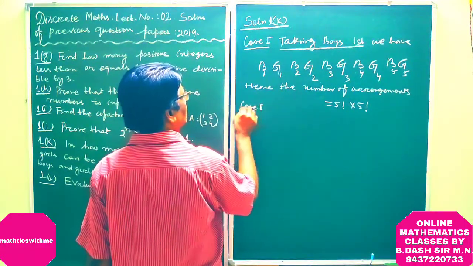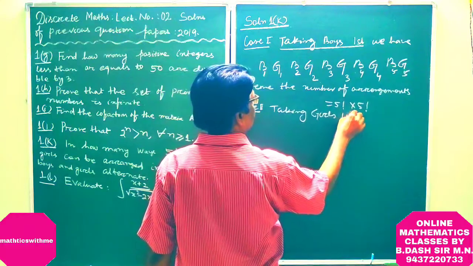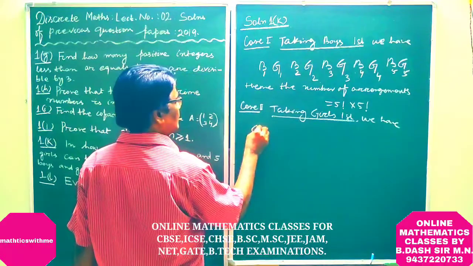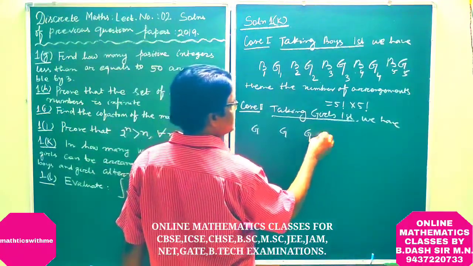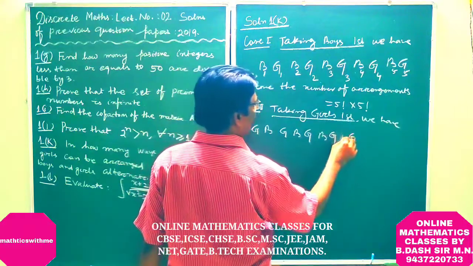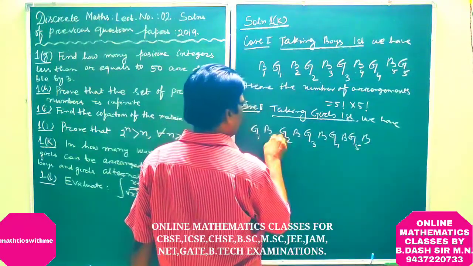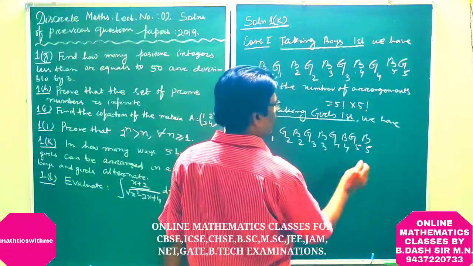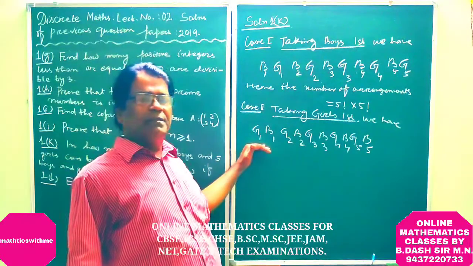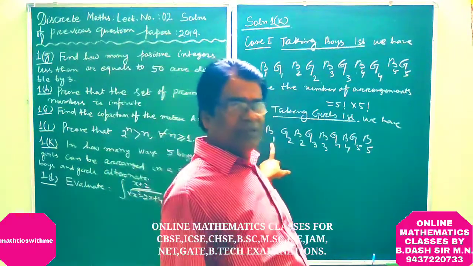Case 2, taking girls first, we have G, G, G, G, G, then B, B, B, B, B. Again here 5 girls can be arranged among themselves in 5 factorial ways, and 5 boys can be arranged among themselves in 5 factorial ways.